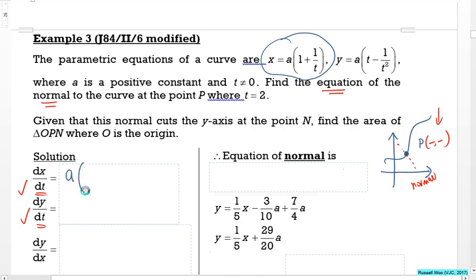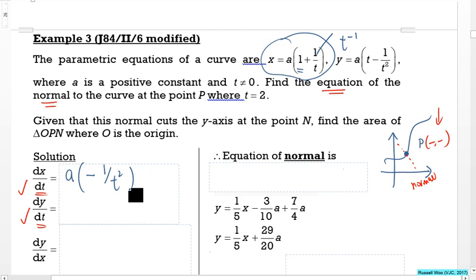The a is a constant, don't be scared. Differentiate 1, you get 0. Differentiate t to the power of minus 1: you bring down the minus 1, and then t to the power of minus 2, which is actually minus 1 over t squared.